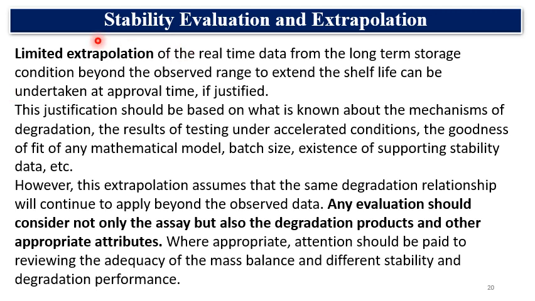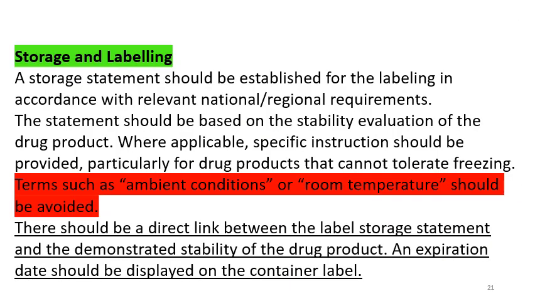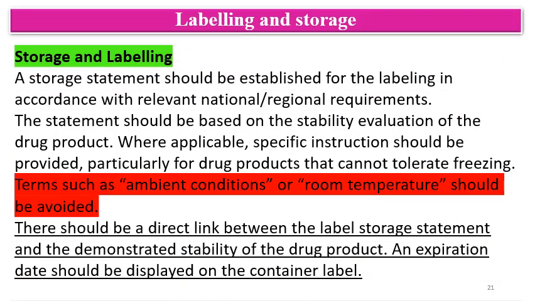So while extrapolating and evaluating the stability data, consider all the parameters in accordance with the relevant national and regional requirements. Storage and labeling is given on the basis of the stability data, and terms such as ambient condition and room condition should be avoided because they don't give the true values for storage temperature and condition. There should be a direct link between the label storage statement and the demonstrated stability of the product. So based on the stability data, the storage can be given and expiration dates should be displayed on the container label.